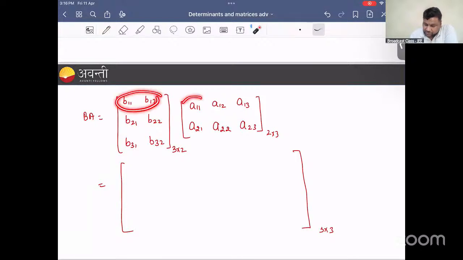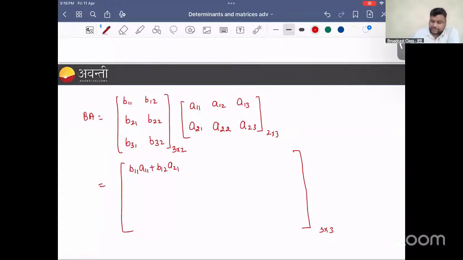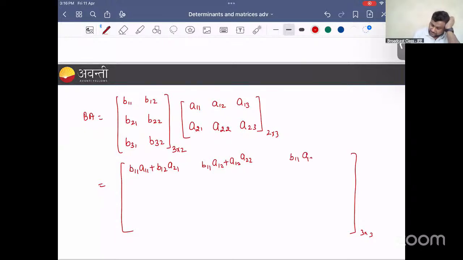First row, first column of the product is B11 A11 plus B12 A21. Correct? Then first row, second column: B11 A12 plus B12 A22. Then B11 A13 plus B12 A23.